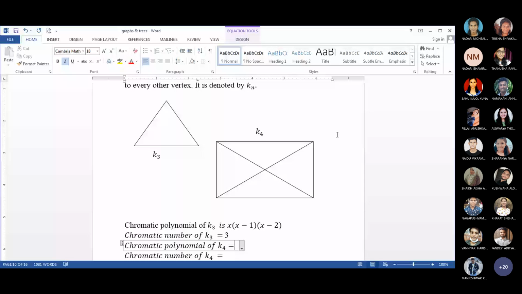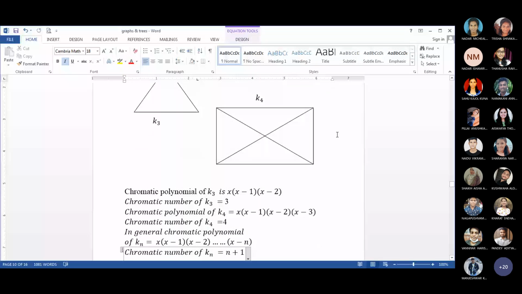We consider the vertices, since for the polynomial we have to consider vertices. So there are 4 vertices; the common point where the two diagonals intersect, don't consider that as a vertex. It is x into x minus 1, x minus 2, and x minus 3. The chromatic number will be 4. Right? So I think now we can get the general formula for the chromatic number and chromatic polynomial.